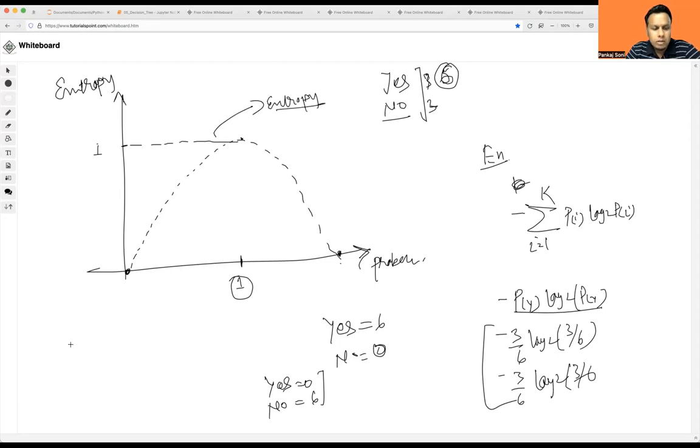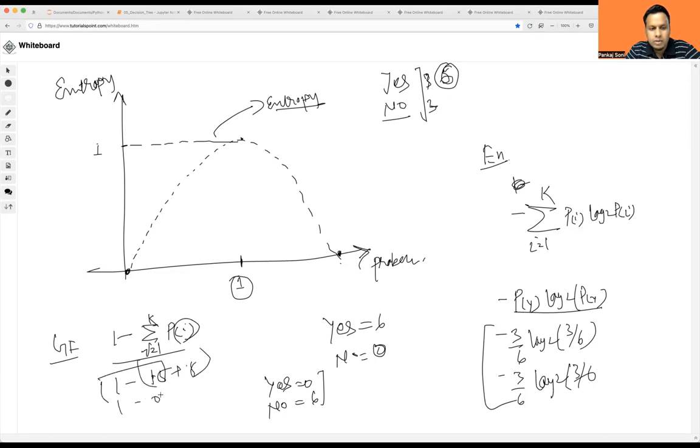But what about the Gini index or Gini impurity? It is 1 minus the summation of i equal to 1 to k of probability of i squared. So 1 minus, let's say equal probabilities are there, then it will be 0.5 squared plus 0.5 squared, which is 0.5.